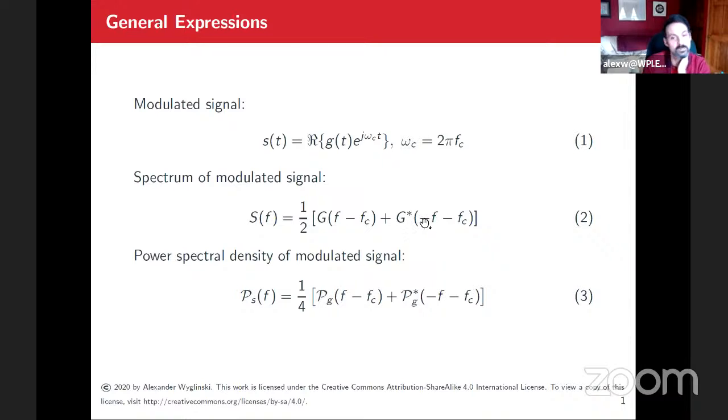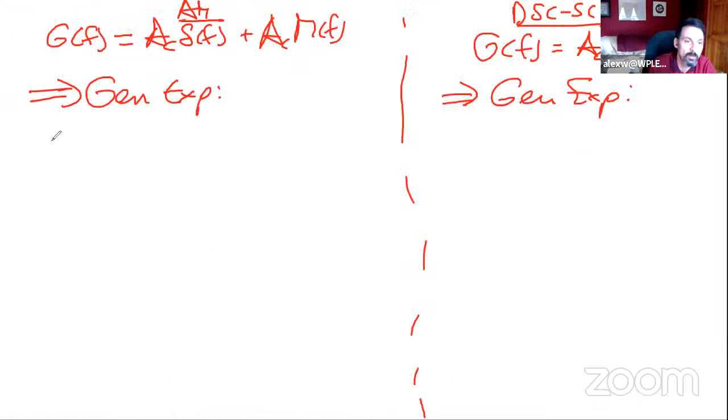Right? So let's do this. There we go. So just remember, S of f, which is equal to V of f.